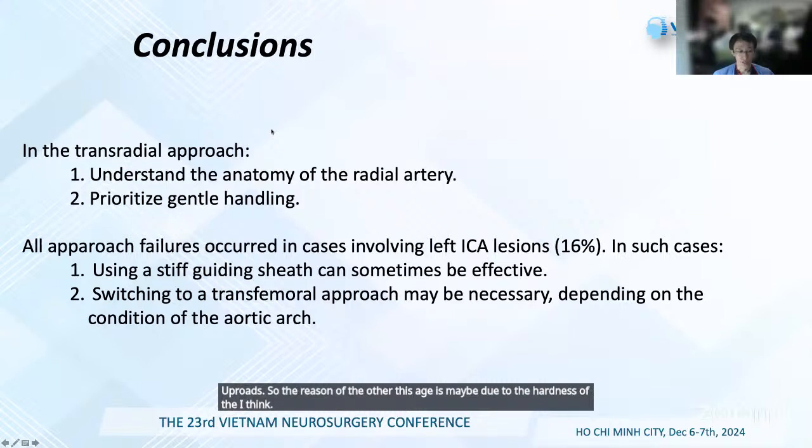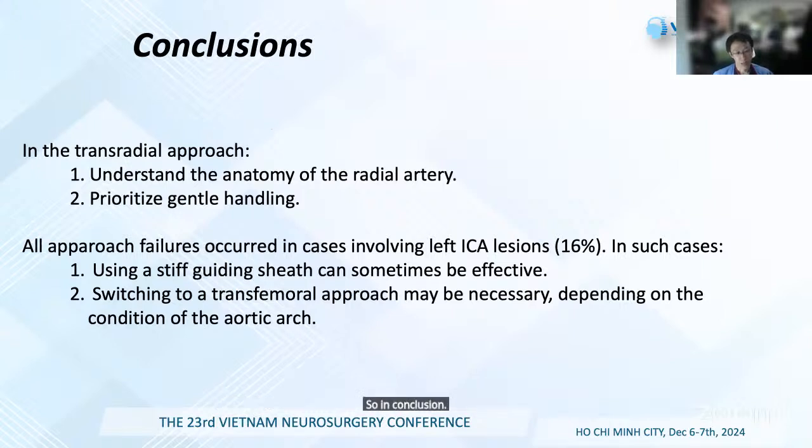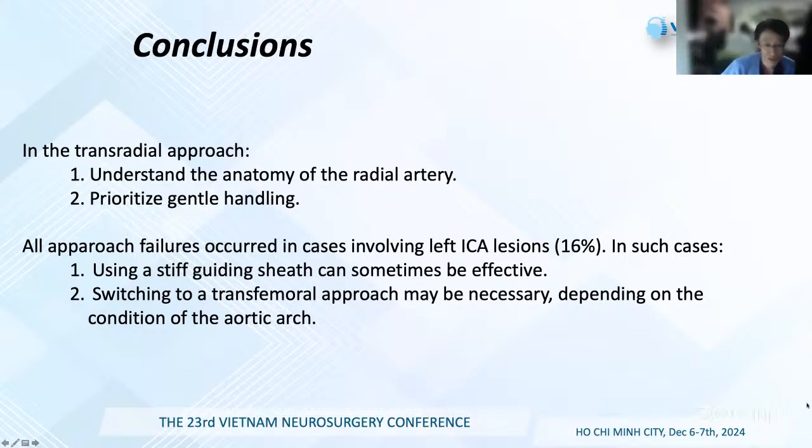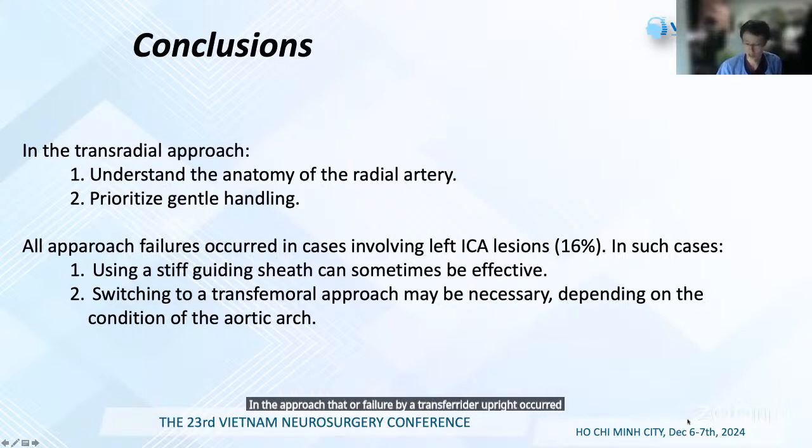So in conclusion, in the transradial approach, you have to understand the anatomy of the radial artery, and you have to do gentle handling. And you should take care not to insert the guide wire into the recurrent radial artery. In the approach, all failures by a transradial approach occurred in the left ICA region cases.